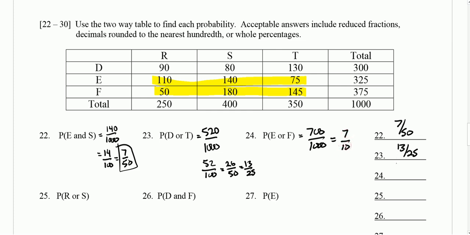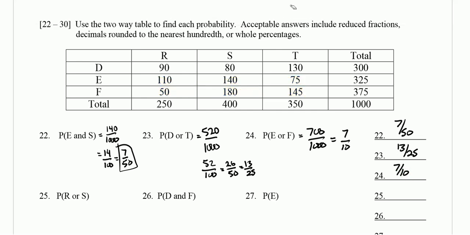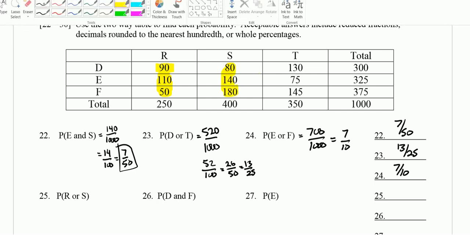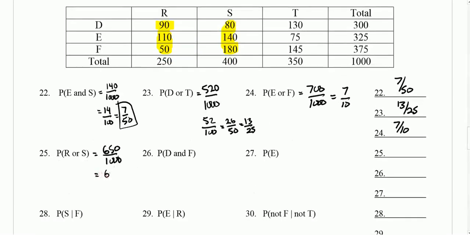Which reduces to 7 over 10. 25, want the probability of R or S. So R, I'm highlighting what belongs to R, highlighting what belongs to S. Add those up, we get 650 over 1000. Could reduce this to 65 over 100. And then we can divide 65 by 5 and get 13. Divide 100 by 5 and get 20, so 13 over 20.